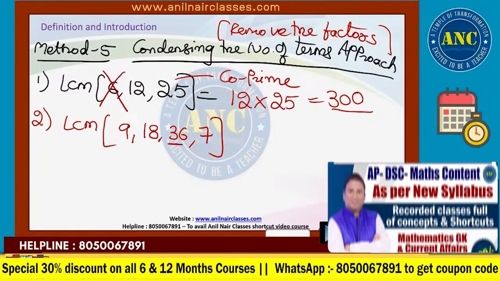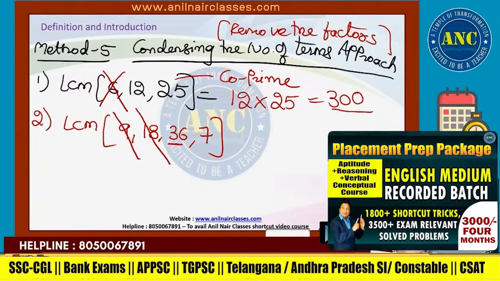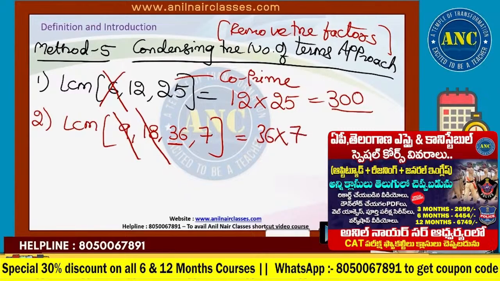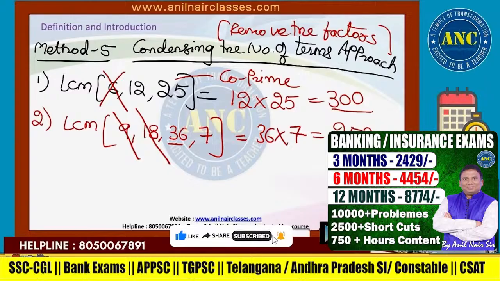Take the largest number, 36. 9 will divide 36, so remove it. 18 will divide 36, so remove it. 36 and 7 are co-prime to each other, so the answer for this question is 252.